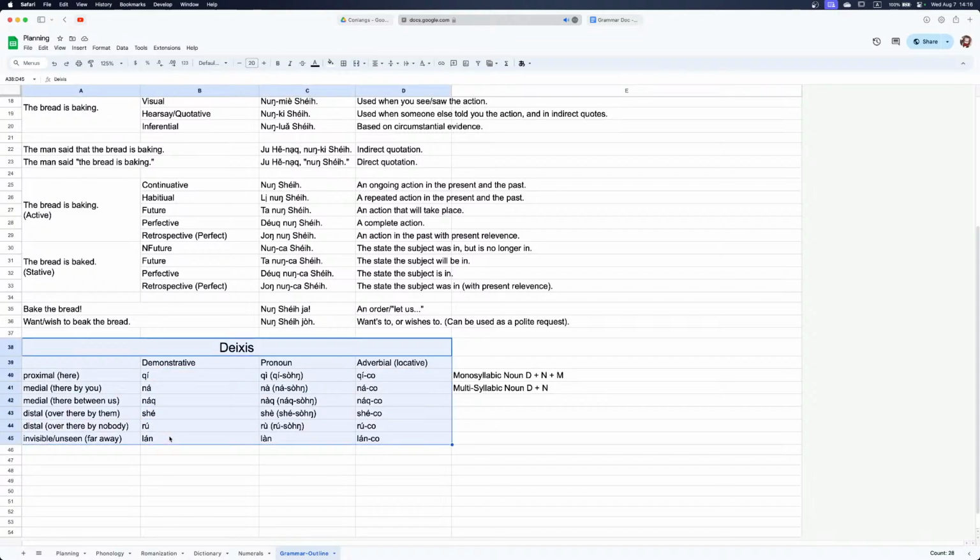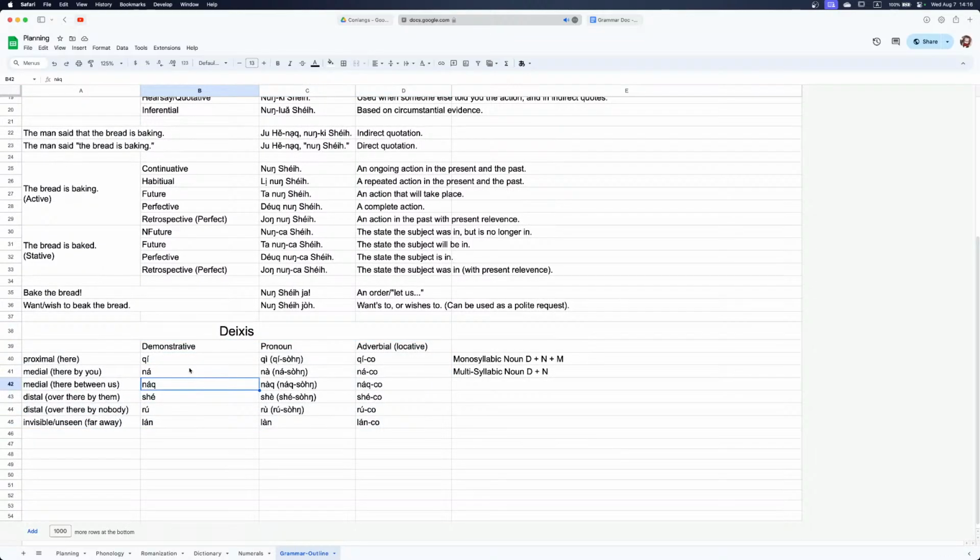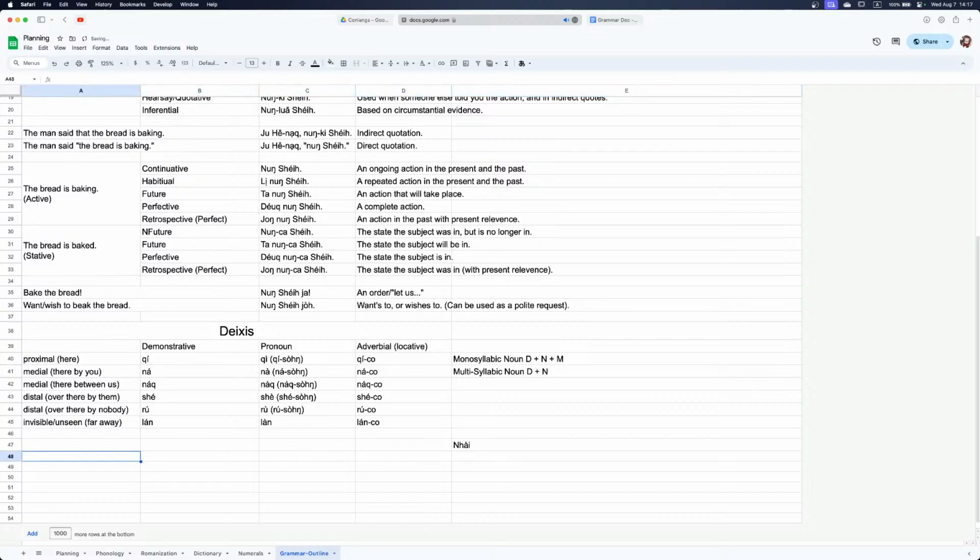So these are our deixis. Let's use examples. So nai is apple. If you wanted to say this apple, it would be qi nai koi.